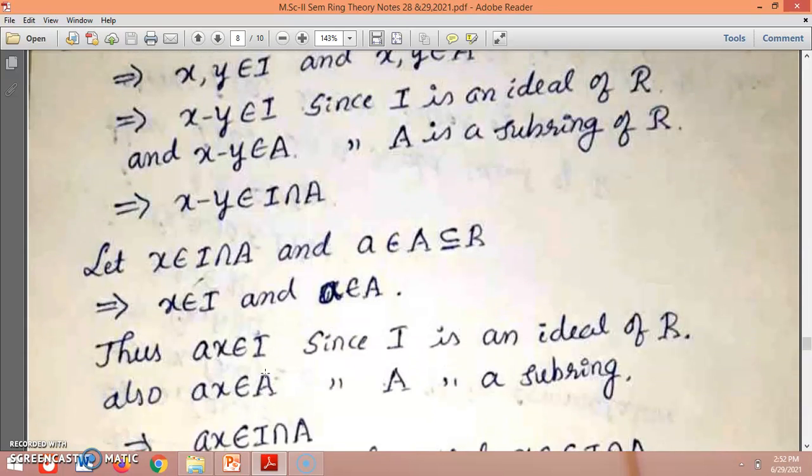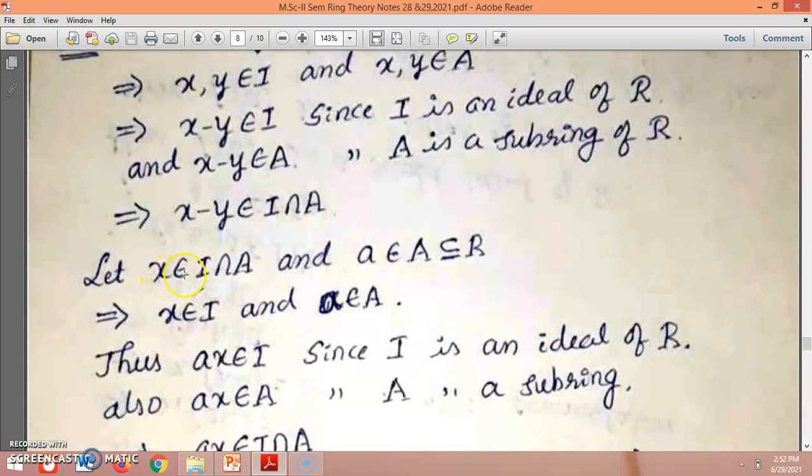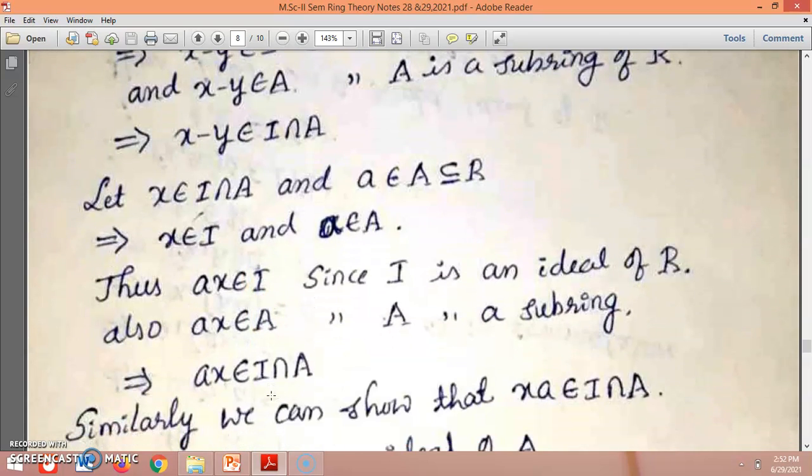Then we can take x as an element of the intersection of the ideal and the subring, and take any element a of A, which is a proper subset of R. Definitely x is a member of I as well as a member of A, because it is common. Thus ax belongs to I, since I is an ideal of R and a is an element of R, and ax is also a member of A. So ax is a member of the intersection of the ideal and the subring.